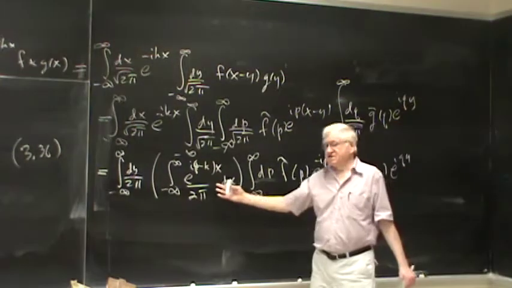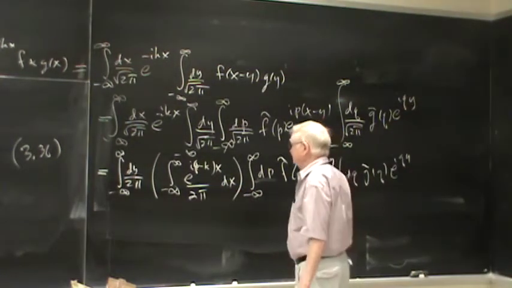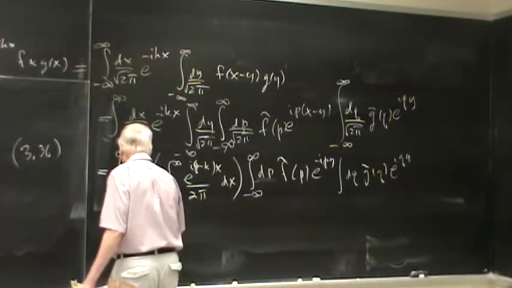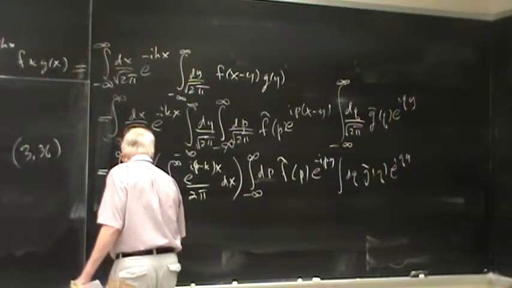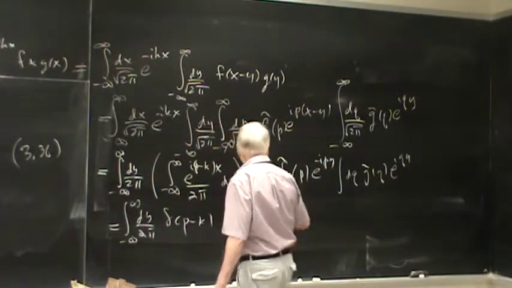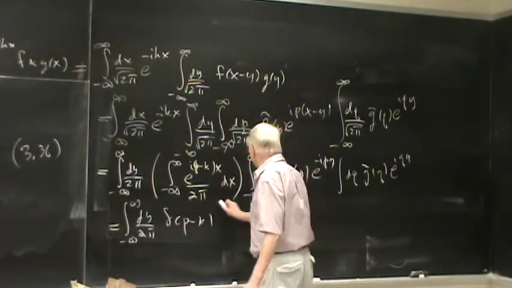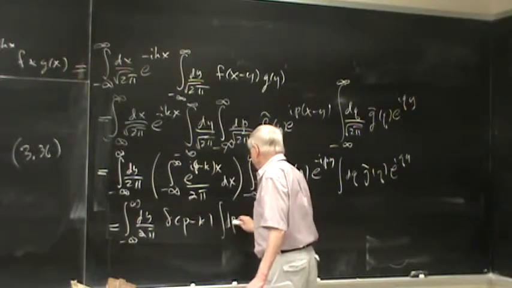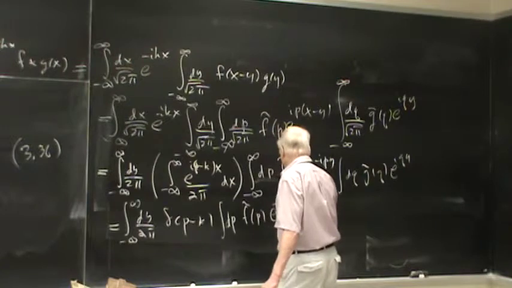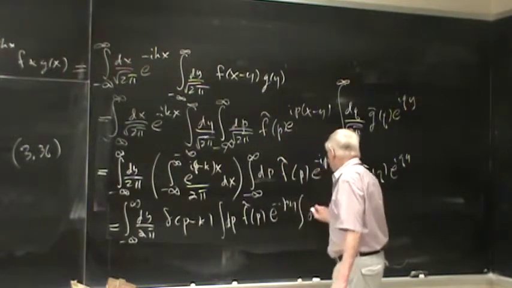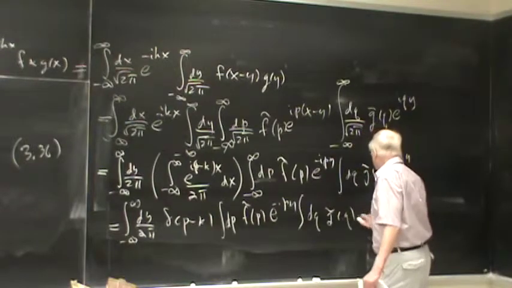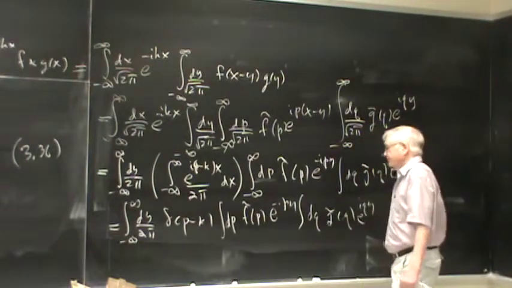So this integral gives us delta of p minus k. So that's dy over 2π, delta p minus k, and then all the rest of this, which is dp f tilde of p e to the minus ipy dq g tilde q e to the iqy.